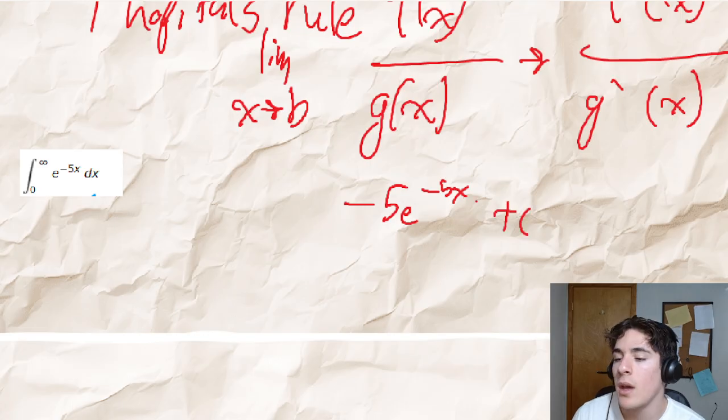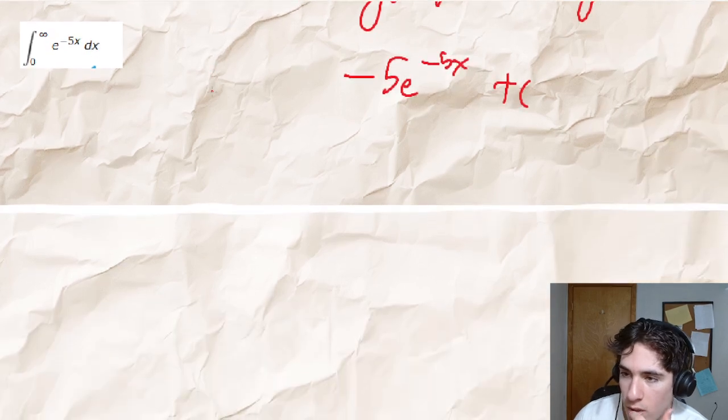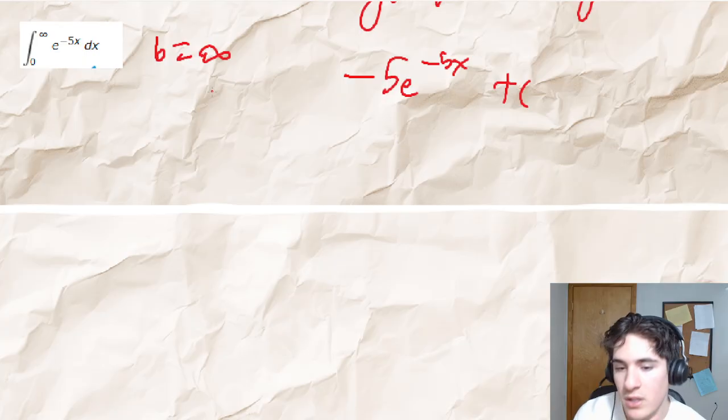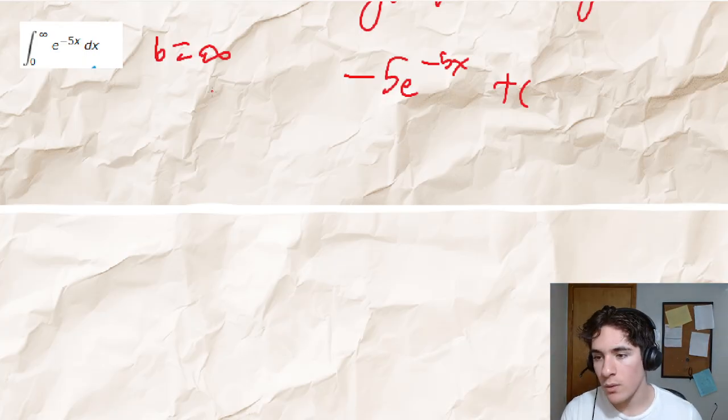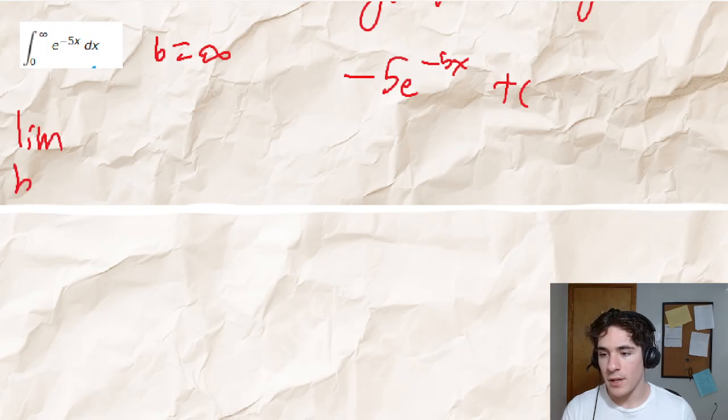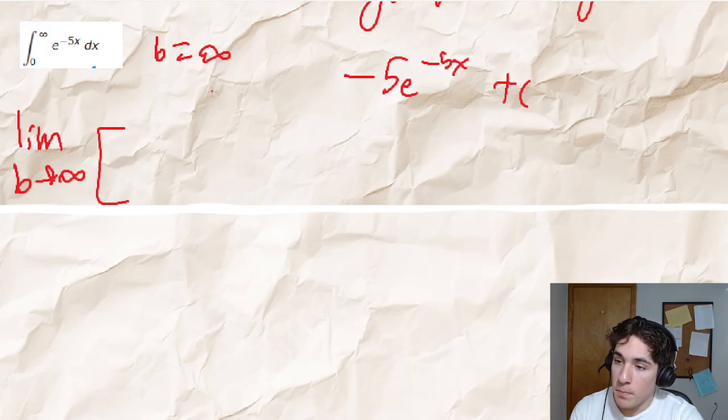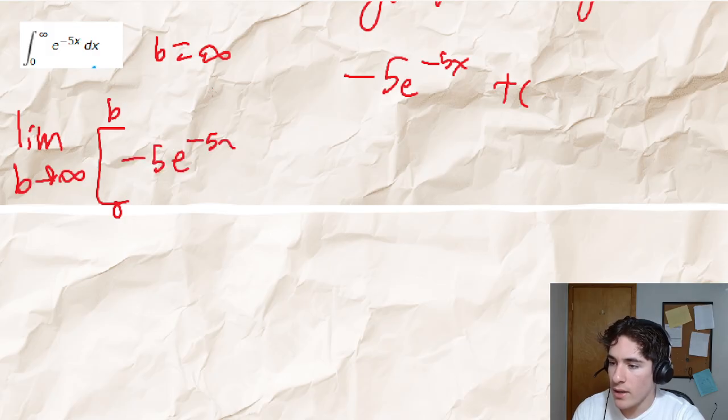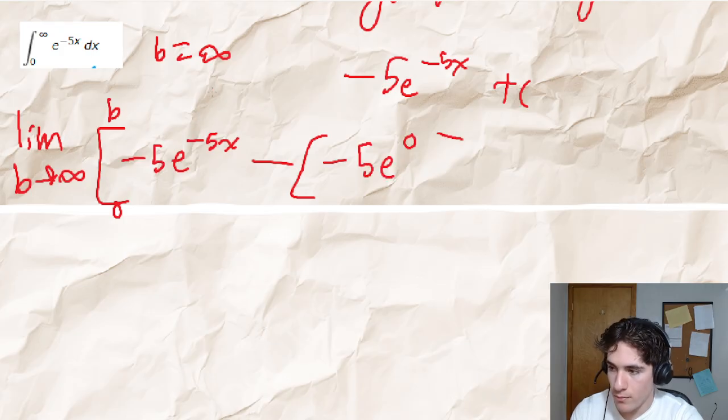And what we're going to do now is take infinity and store it in a variable, which is going to be b. b is equal to infinity. So what we can do is say the limit as b approaches infinity, from b to 0, of minus 5e to the power of minus 5x, minus minus 5e to the power of 0.